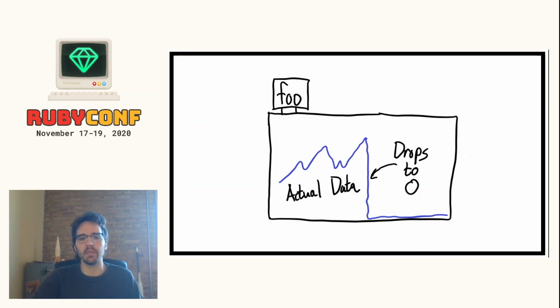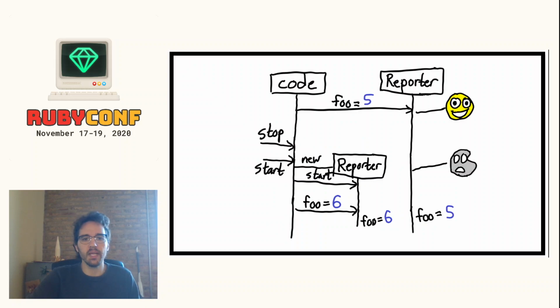All right, so what's happening? Well, remember when I said that everything would get garbage collected? Yeah, that wasn't true. So here's an example of what actually happened when stop and start were called on our code. Stop was called, didn't do anything. Start was called, which created a new reporter and started that new reporter.